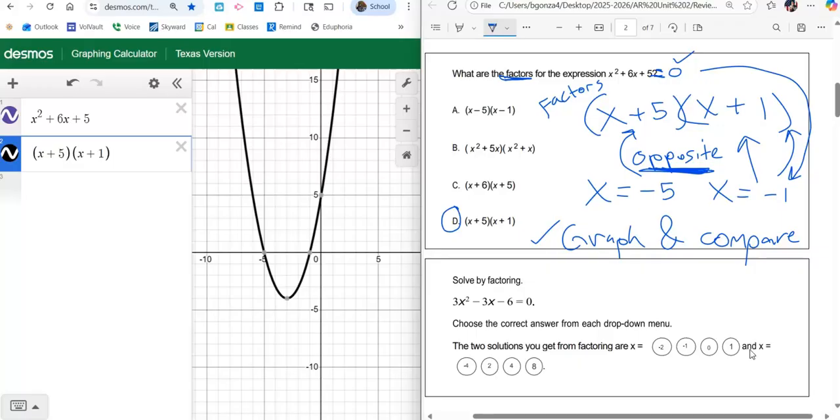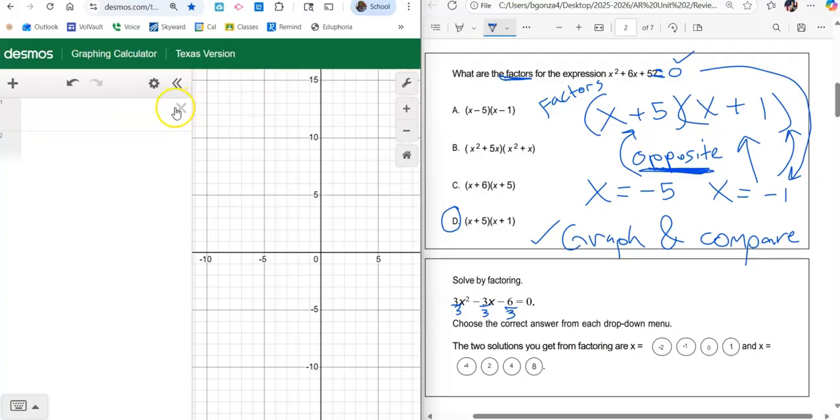Okay, now look, on this one, you'll remember when this is not 1, we want to see, can everything be divided by that 3? Let's find out. 3 divided by 3? Yes. Negative 3 divided by 3? Yes.